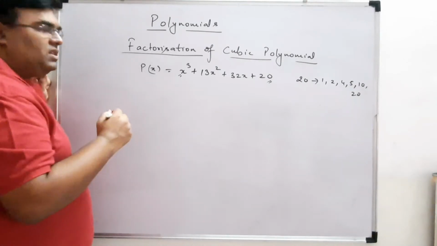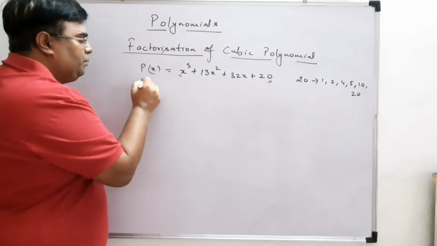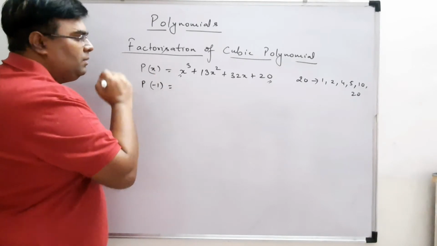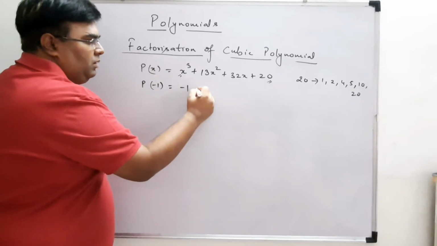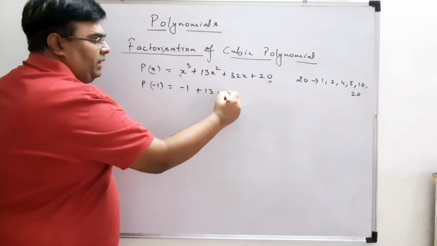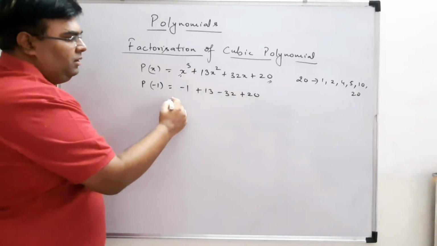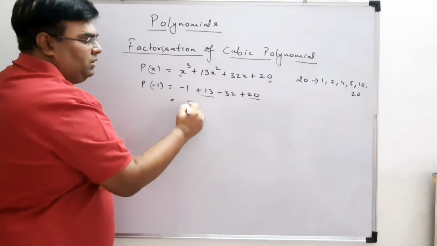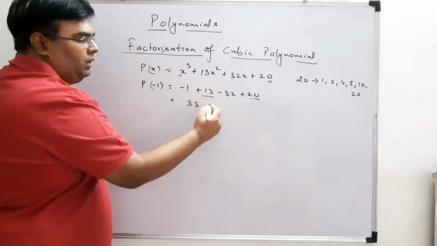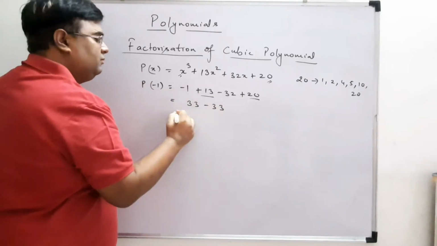So let us try minus 1 first. So p(minus 1) will be minus 1 plus 13 minus 32 plus 20. So 13 plus 20 is 33, and 32 and 1 is also 33.